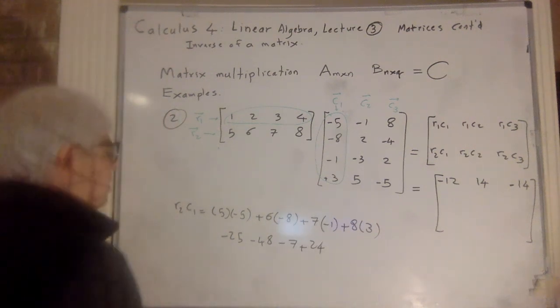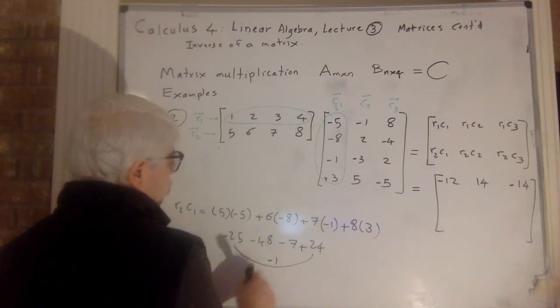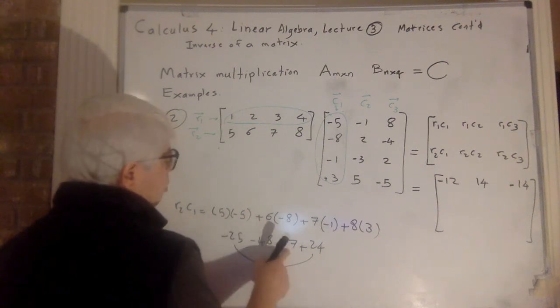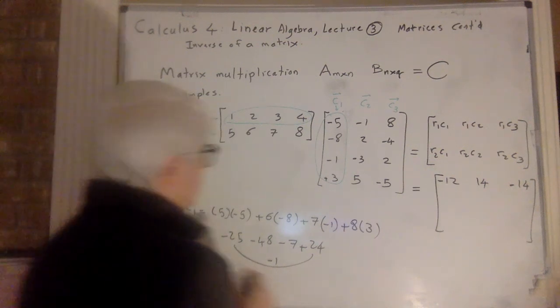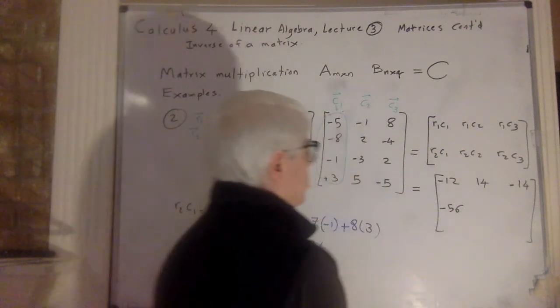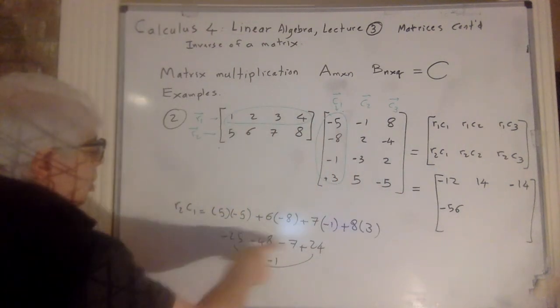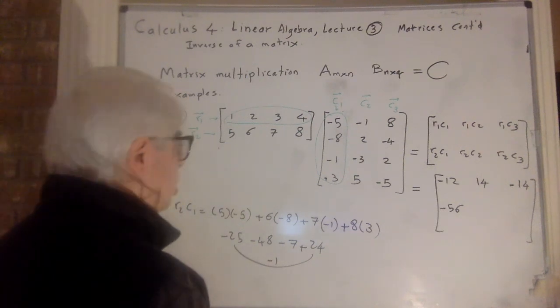So 24 and 25 gives me minus 1, that's 49, 49 plus 7 is 56, so that's minus 56. Let me double check. Minus 1, there's a minus 1 here, that's 49, 49 plus 7 is 56.